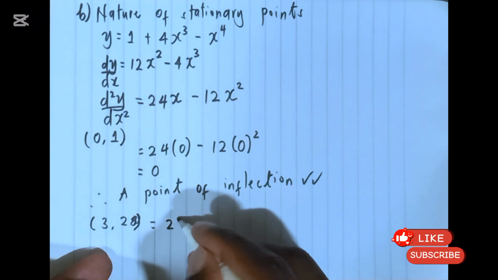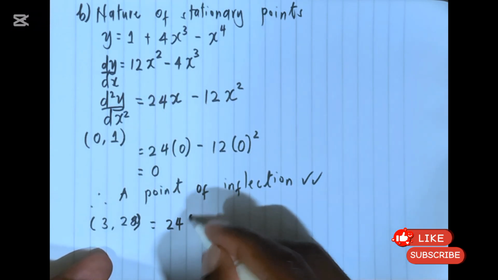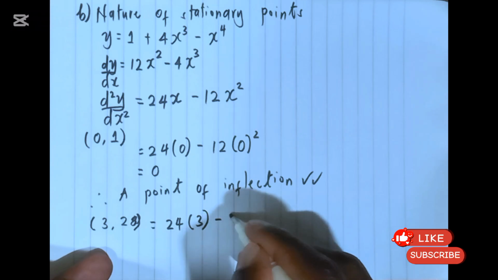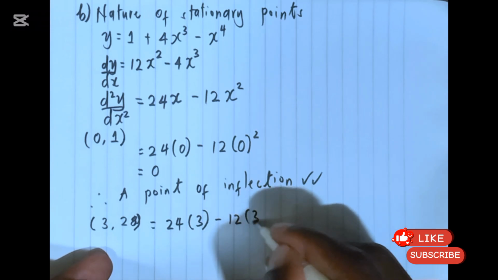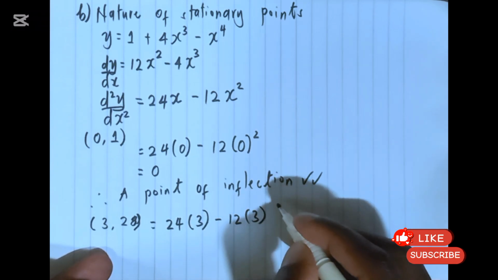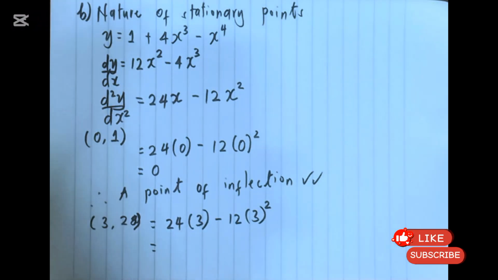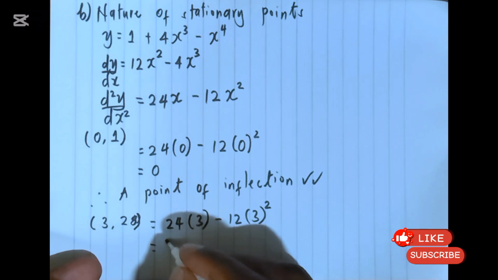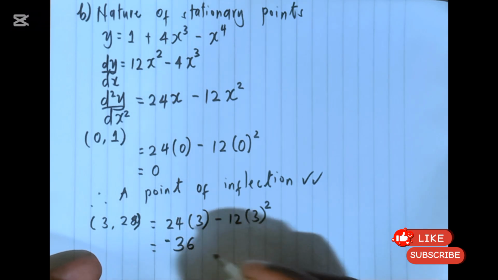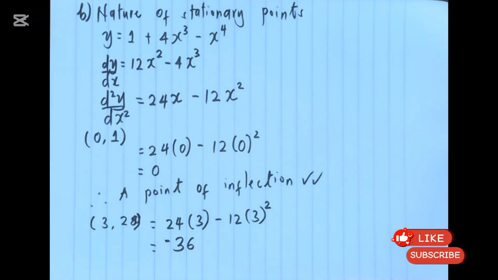That's going to be 24 times 3 minus 12 times 3 squared, and this will give us negative 36, which is a negative number.